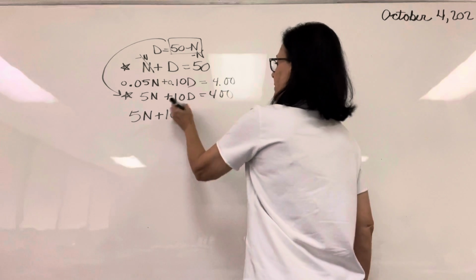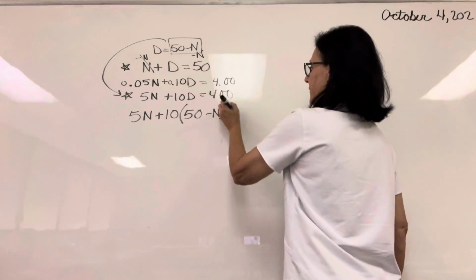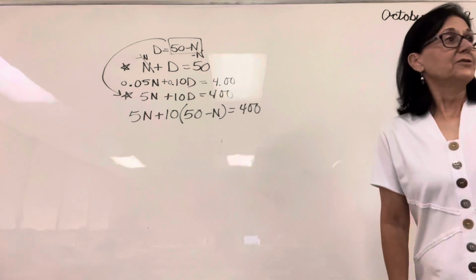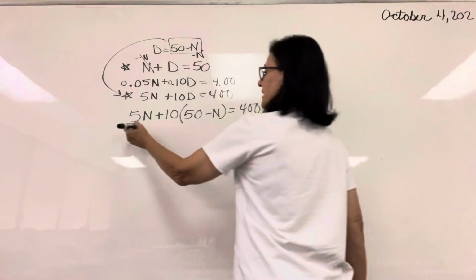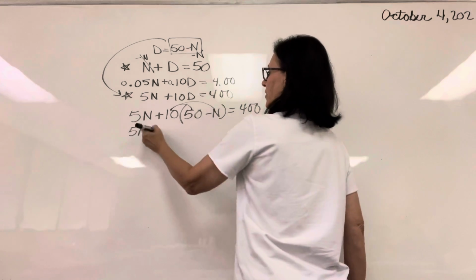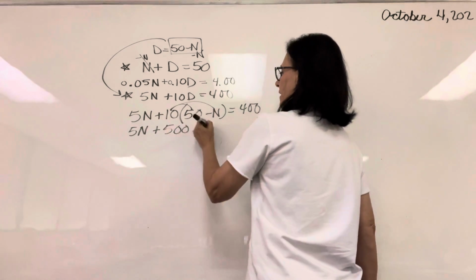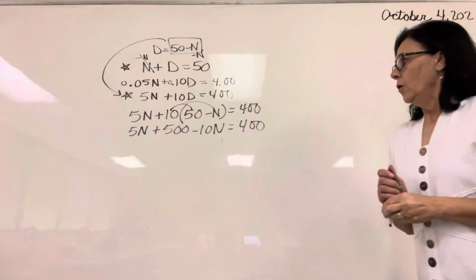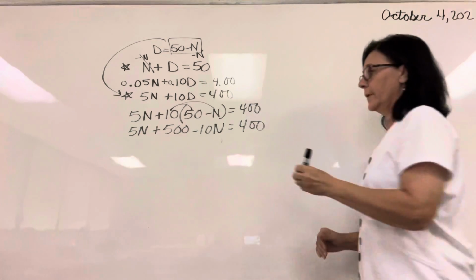For dimes, we substitute 50 minus n equals 400. And then we follow algebra rules, right? Get rid of parentheses by distributing that 10 to both of the terms. So what we have, 500 minus 10n is 400. We subtract the 500 on both sides.